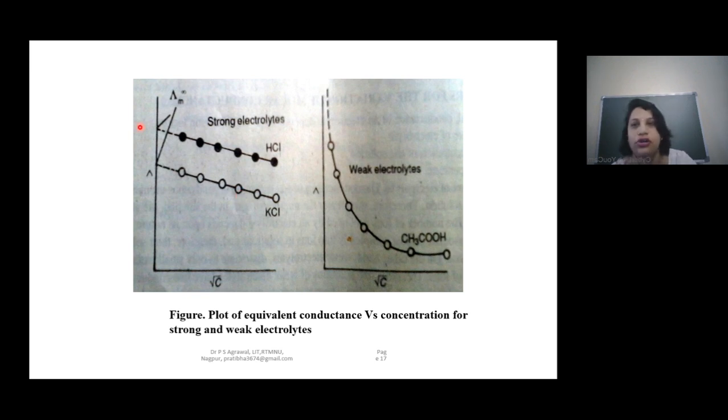This is for strong electrolyte. We can see a straight line. But in weak electrolyte, a curve is observed. This line can intercept the y-axis, but here we can't predict the intercept of the line. This is for weak electrolyte. This is for strong electrolyte.